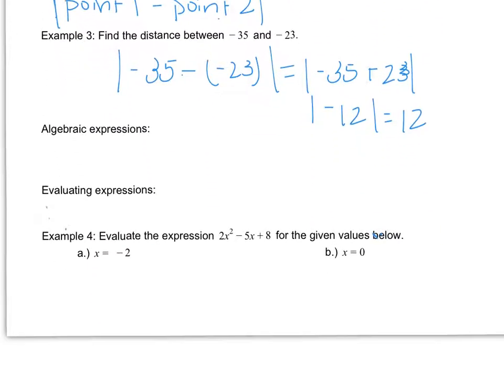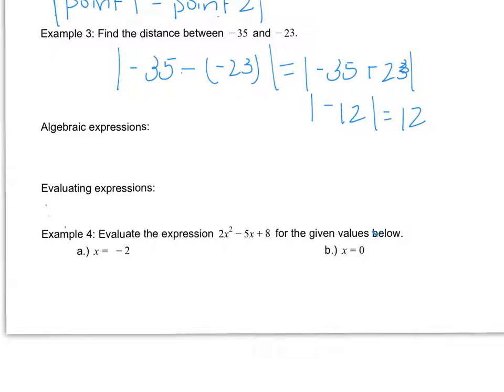Now this section also looks at algebraic expressions, what they are, and how to evaluate them. So an algebraic expression is just comprised of variables, numbers, and usually some form of an operation.